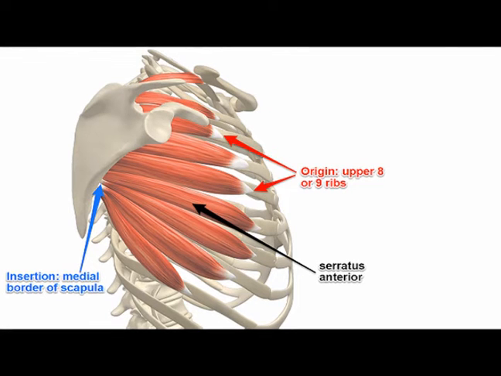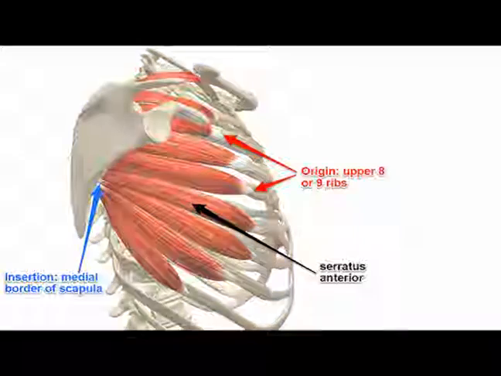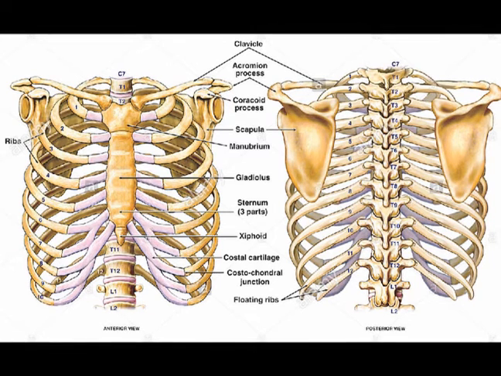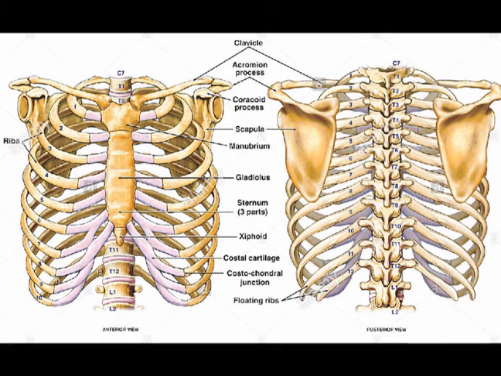If this muscle is hypertonic, meaning that it is very tight, it often pulls on the ribs and can cause the rib subluxation. The origin of a rib subluxation can be either posterior at the costovertebral joints or anterior at the anterior costochondral joints.